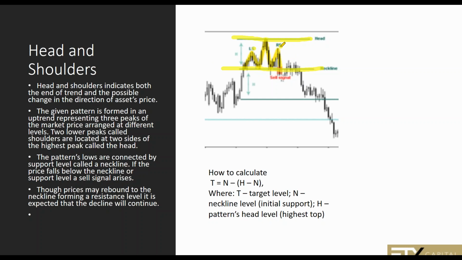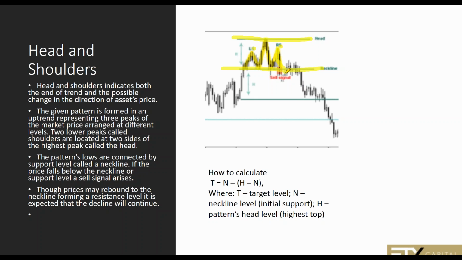There isn't a formula between how high the left shoulder has to be to the right shoulder. All it says is the head has to be higher than the left and the right shoulder. But again, you can be bent over, you can be a hunchback, whatever. When the price forms the right shoulder and moves down and breaks below, it gives you that sell signal.